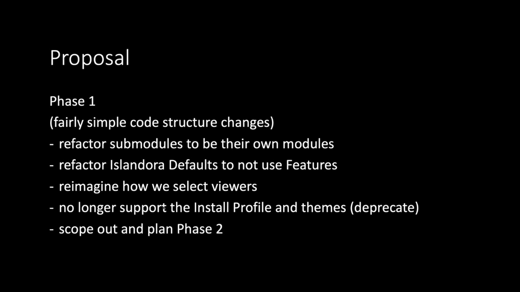Proposing to deprecate the install profile and themes, and have an inventory and scrape what we can that is useful into the kinds of modules that those features might work in, and to scope out and plan phase 2, which is much larger.